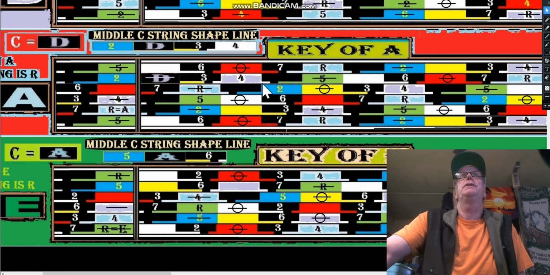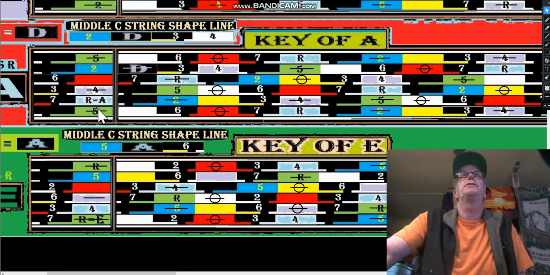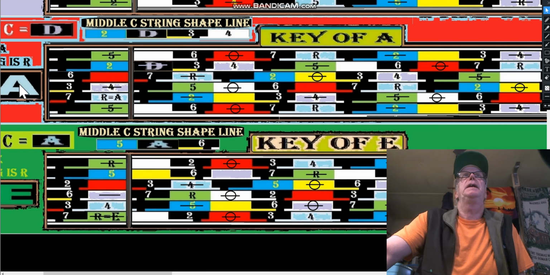Now, as you can see, as the shapes progress, in the A string shape, your first in the key of A, this is your lower E, which is the fifth of A. The first shape is A shape, 5 root 3. Okay, second inversion, A shape goes to G shape there.